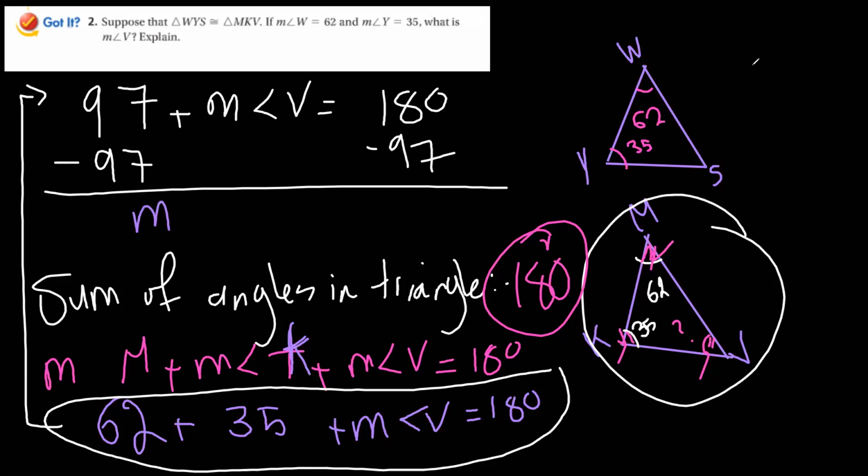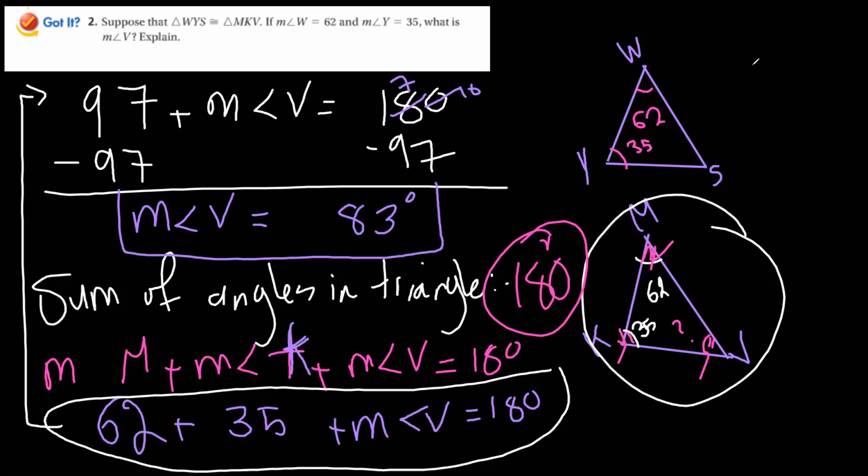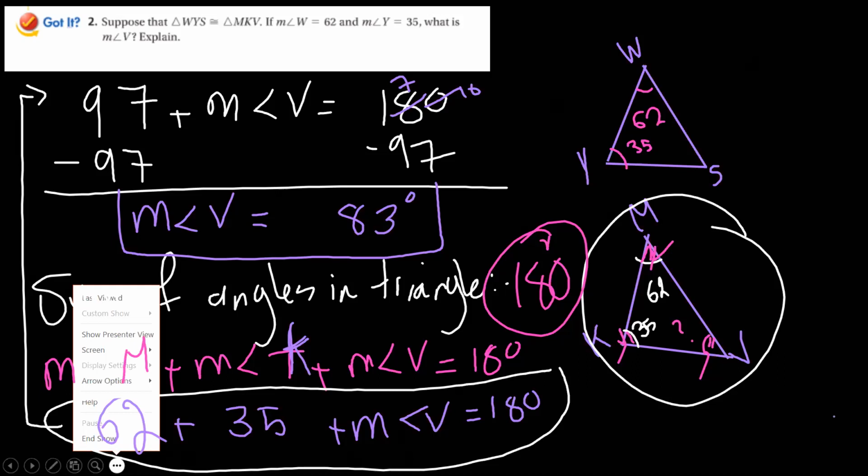So the measure of angle V is 10 minus 7 is 3, 17 minus 9 is 8. So the measure of angle V is 83. Is it clear now? Of course, it will be equal to angle S.